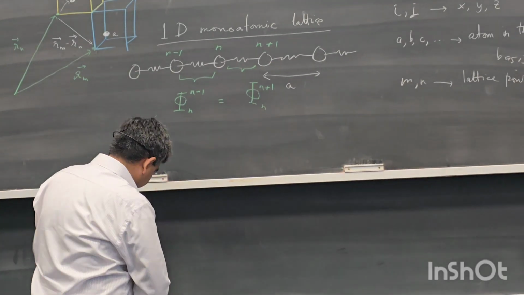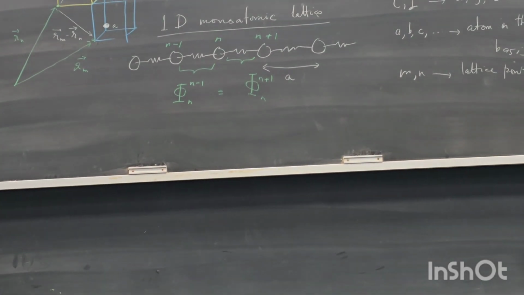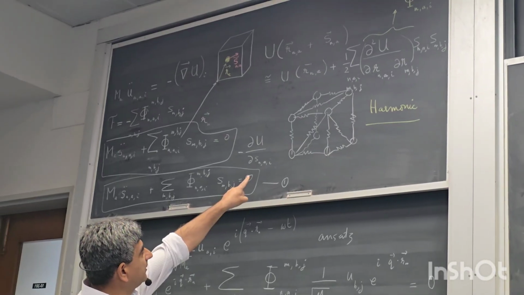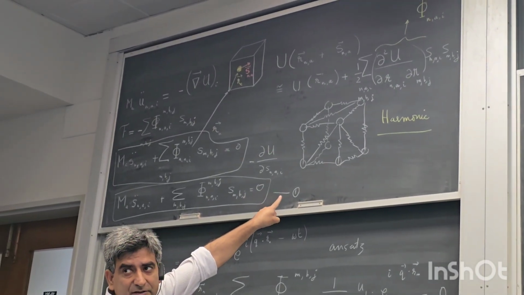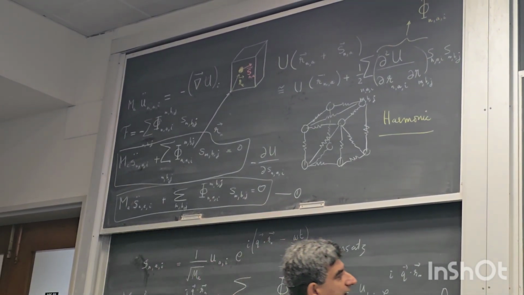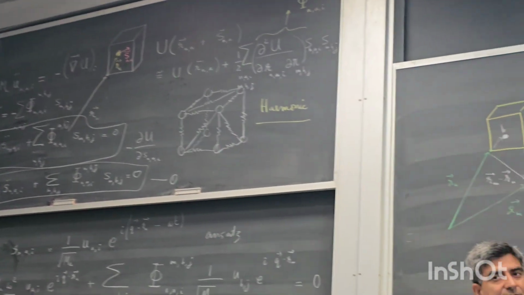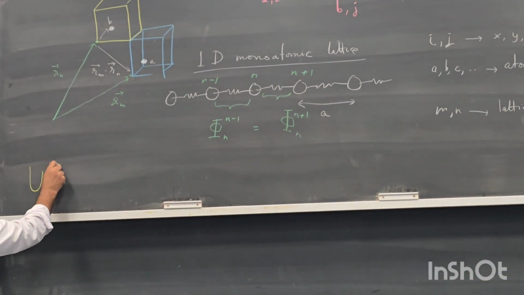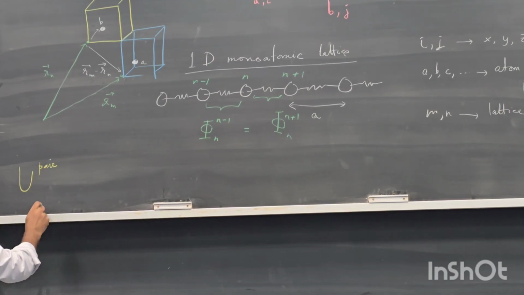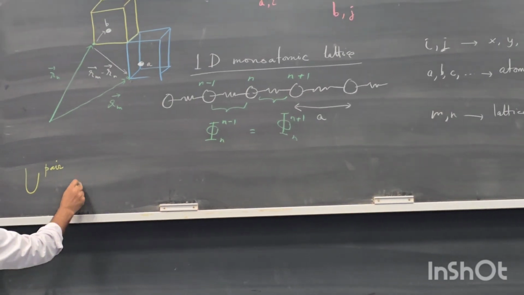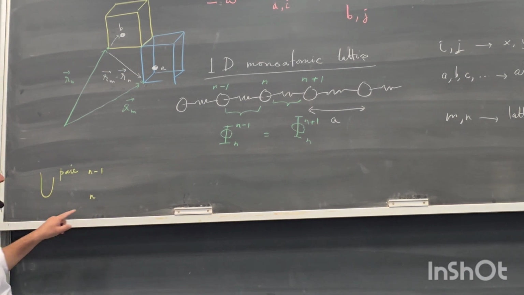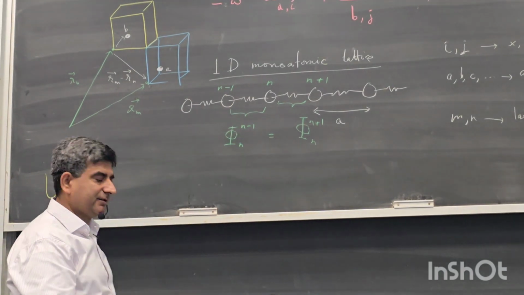So the phi is coming from, if you look over there, the double derivative of the energy. So if you look at any pair of interactions, right, U of a pair, so let's find U of a pair. Let's look at the N and the N minus 1th pair. Okay. So let's look at this interaction.